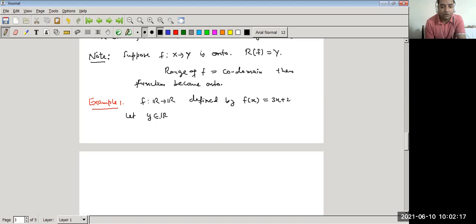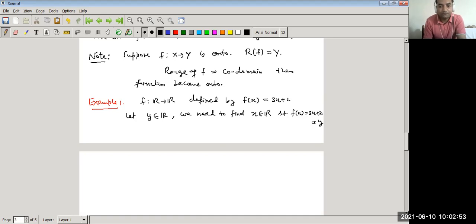So take any y belongs to R. We need to find x belongs to R, this R is the domain, such that f of x is equal to 3x plus 2, and this is equal to y.